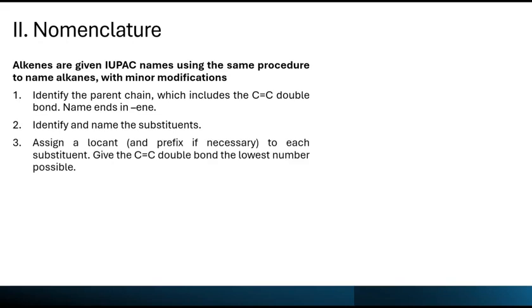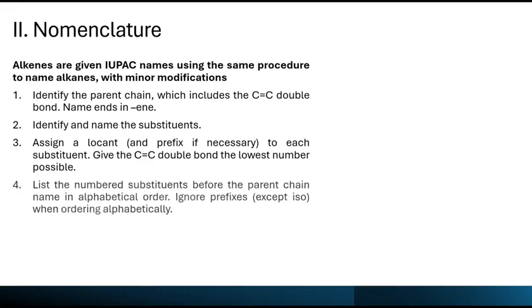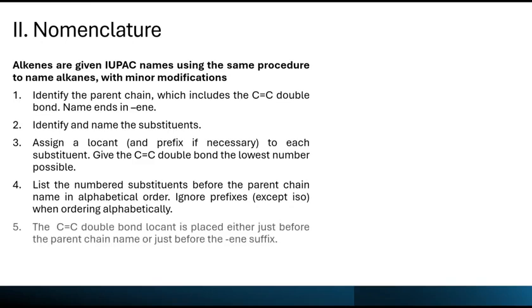Give the C=C the lowest number possible. List numbered substituents before the parent chain name in alphabetical order. Ignore prefixes except for iso when ordering alphabetically. The C=C locant is placed either just before the parent chain name or just before the -ene suffix.